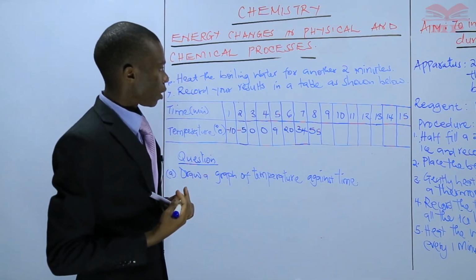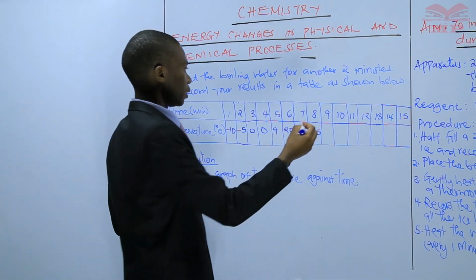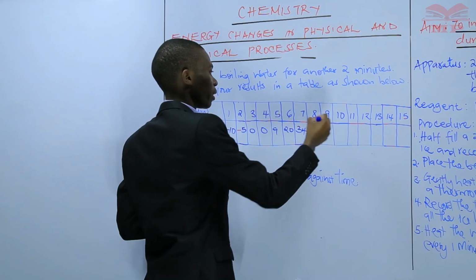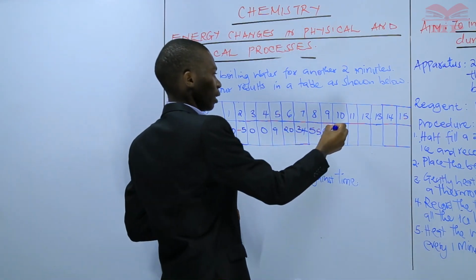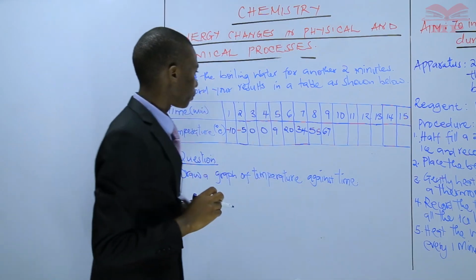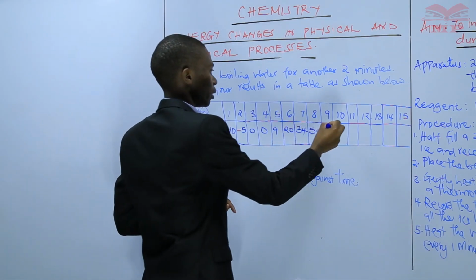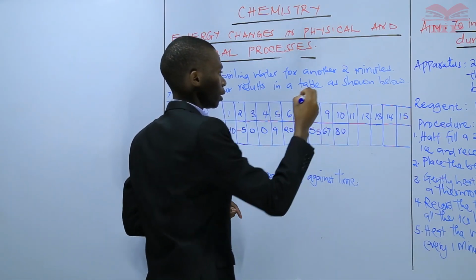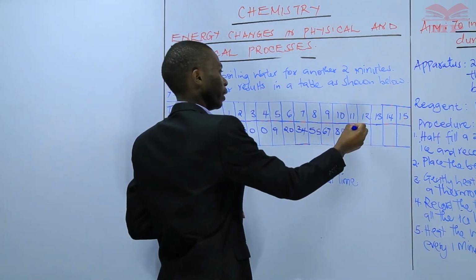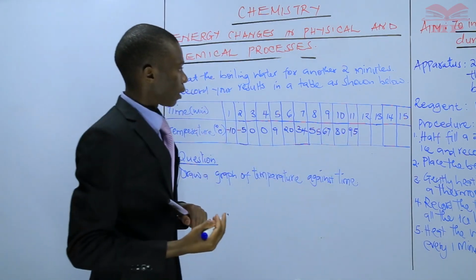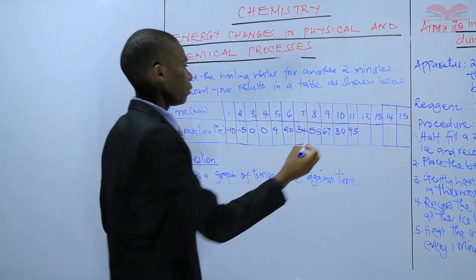In the ninth minute, you have 67. In the 10th minute, you have, say, 80. 11th minute, you have 95. Then 12th minute, you have, let's say, 99.